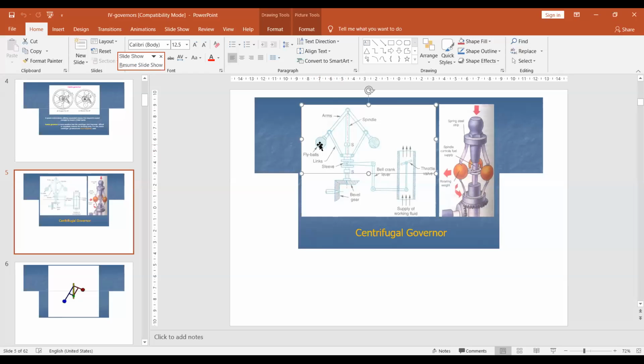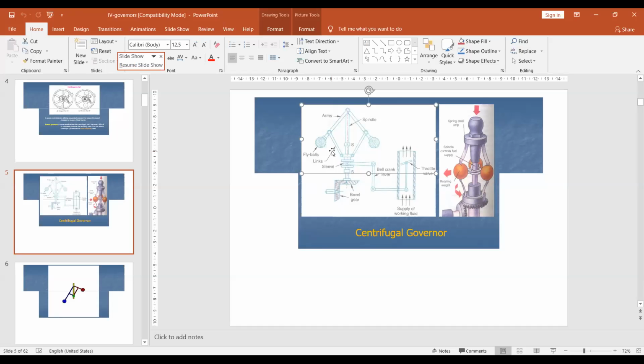When the fly balls revolve, they get some radius of rotation from the spindle axis to the fly ball center. When it is maximum, the centrifugal force is higher. So the fly balls generate centrifugal force, and whether it is higher or lesser depends on the speed of the spindle.